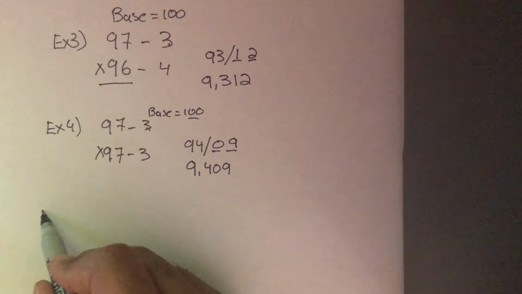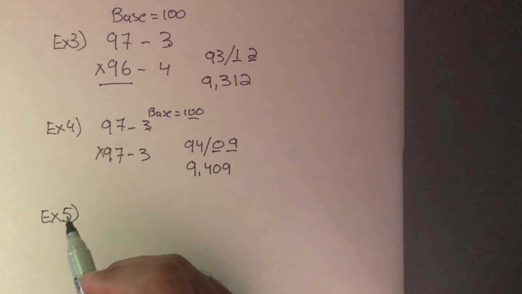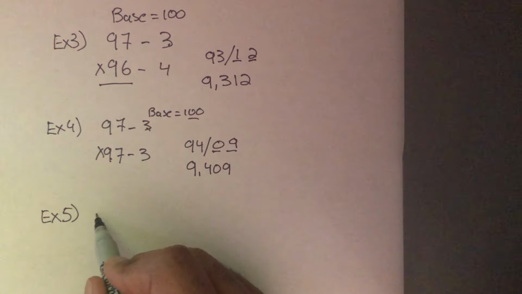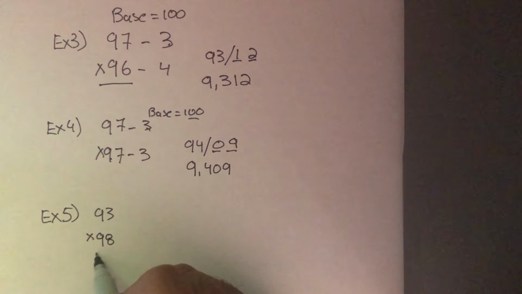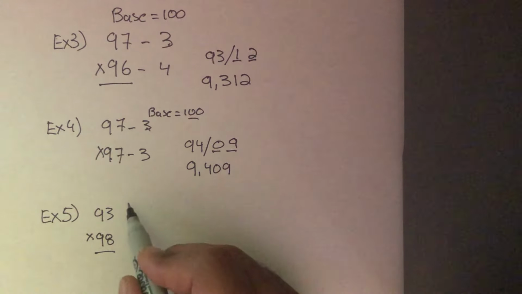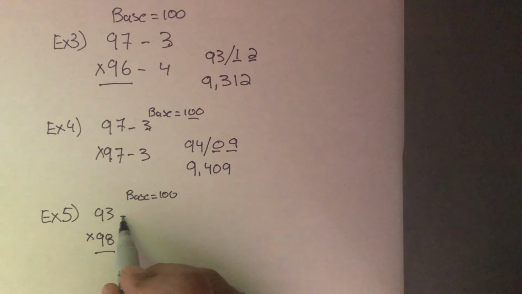Example 5. Okay, let's do 93 times 98. So, base is again 100. How far is 93 from 100?